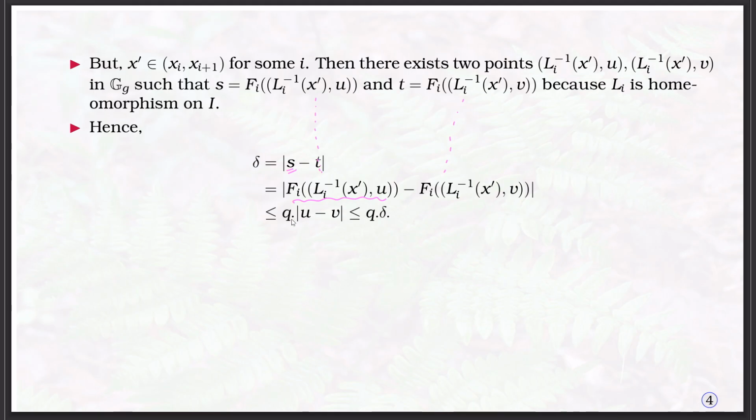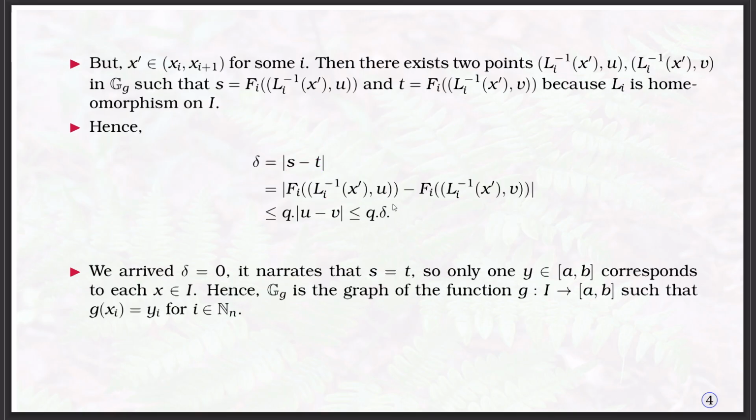Therefore, this is less than or equal to q times the modulus of u minus v, which is less than or equal to q times delta. So delta is less than or equal to q times delta. If you iterate this, since q is greater than or equal to 0 and less than 1, the only possibility is that delta becomes 0. It follows that s and t are not different elements; both are the same element.